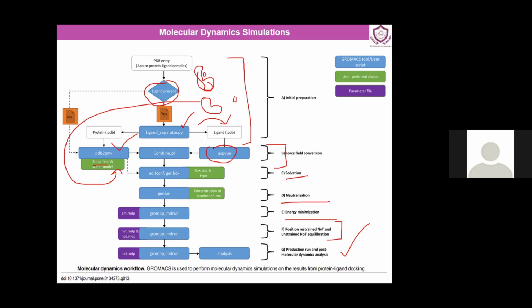You can use those to generate the force field parameter file, and then combine the protein topology file and the topology file of this ligand, either manually or using a tool, and then proceed with the exact steps which are common to both apo and protein-ligand complex.